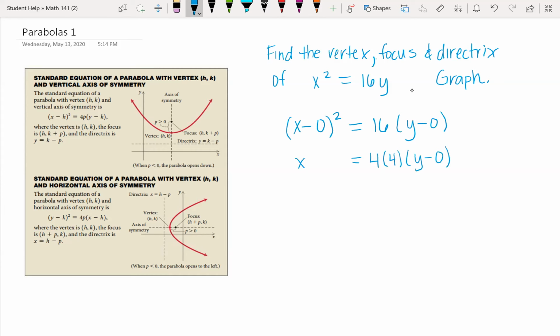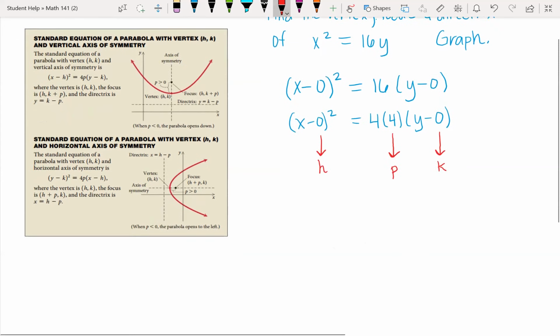I'm just doing this to show you the general structure, where if I have it in this format, this would be the variable h. This would be the variable k. Again, h, k are the coordinates of the vertex. And then this number here is going to be p. That tells us the distance between the vertex and the focus, vertex and directrix.